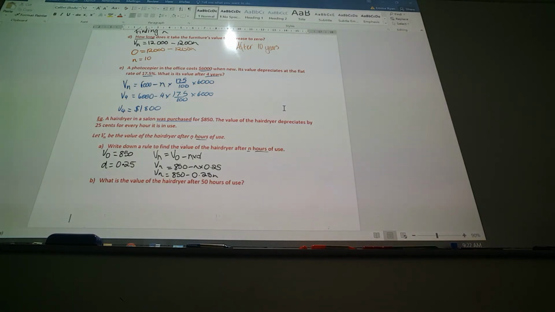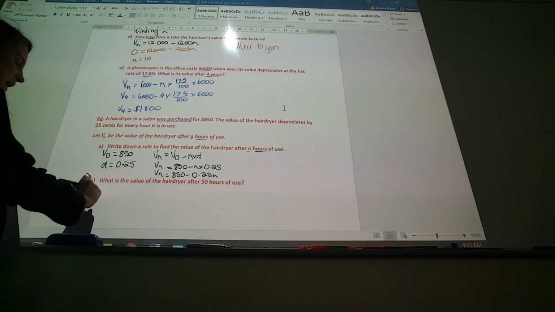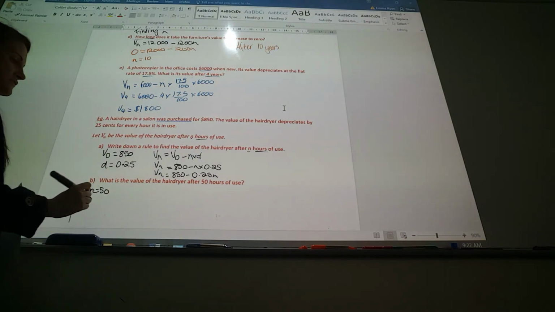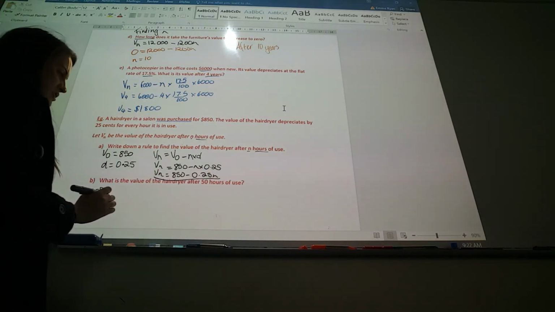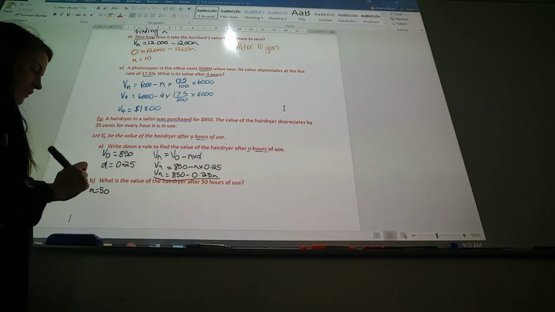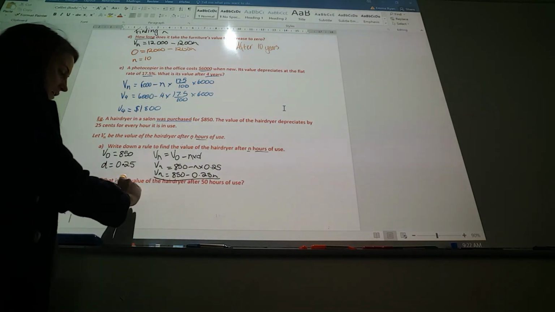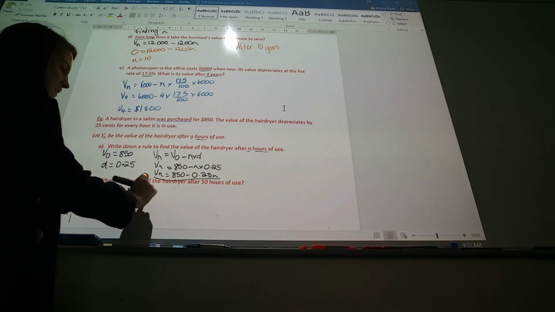Okay, what is the value of the hairdryer after 50 hours of use? So this means our n equals 50. So we're going to use the rule we just found. Wherever we've got an n, we're going to sub in 50.